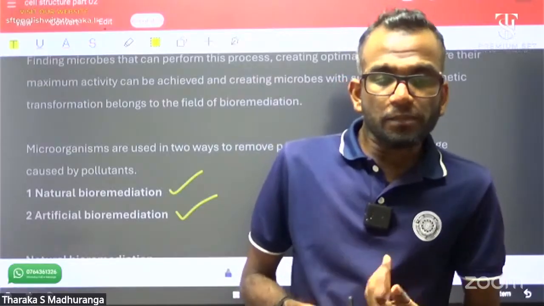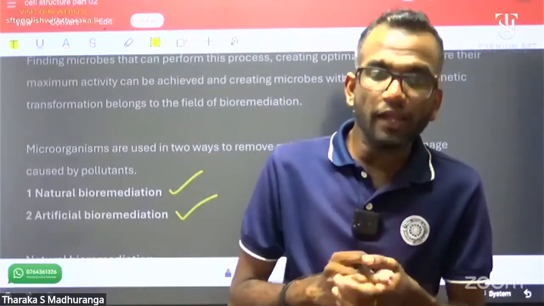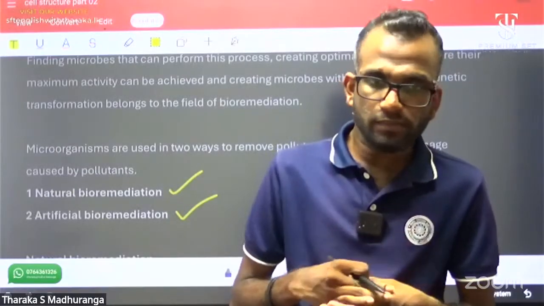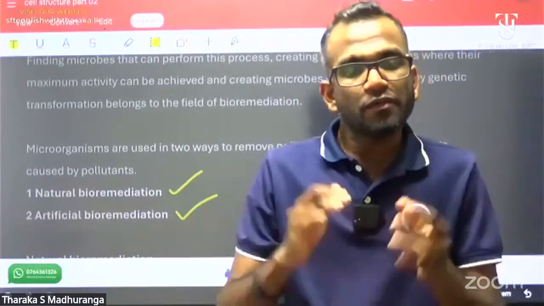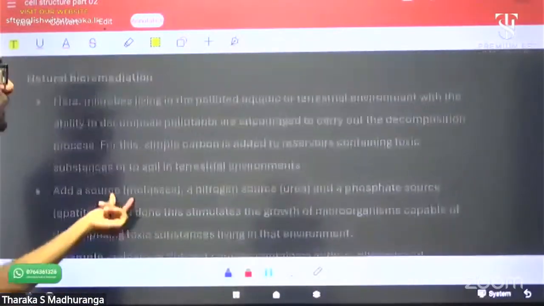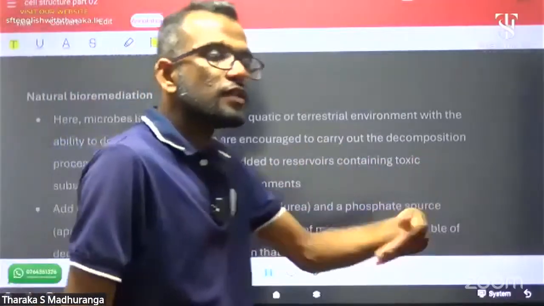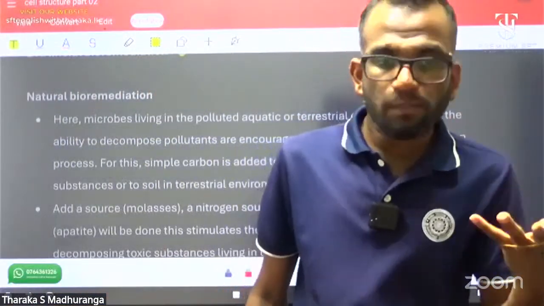This bioremediation process is mainly of 2 types: natural bioremediation and artificial bioremediation. What is the meaning of natural bioremediation? Natural bioremediation means pollutants in the environment are controlled by naturally available microorganisms.